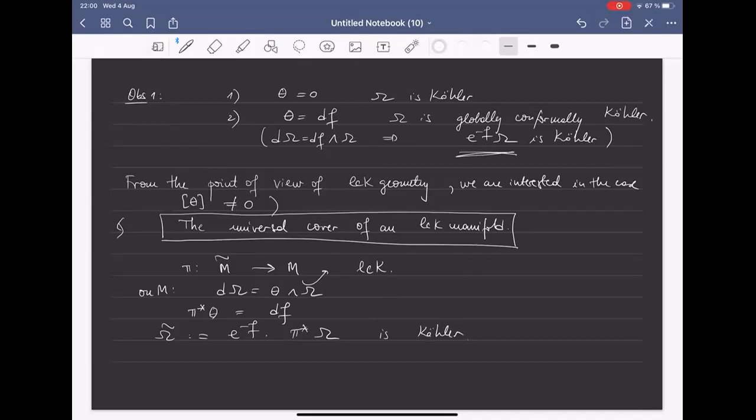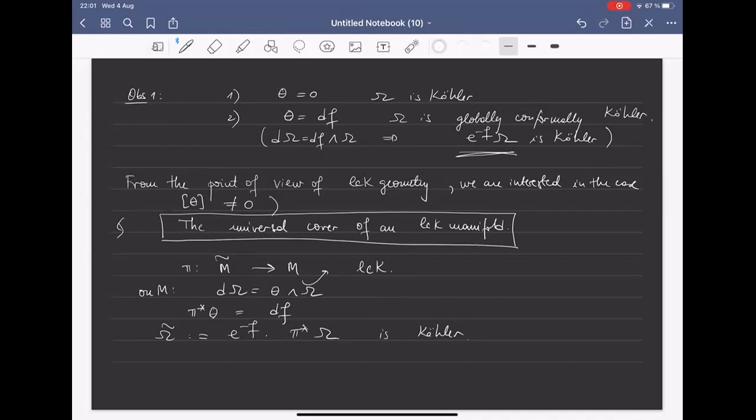Again, it's just an easy computation for you to see that omega tilde as defined is closed. And moreover, omega tilde has some interesting property besides being Kähler. And the property is that it is homothetized by the fundamental group.